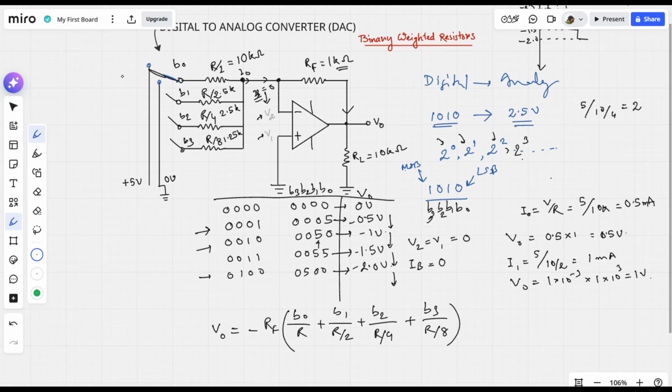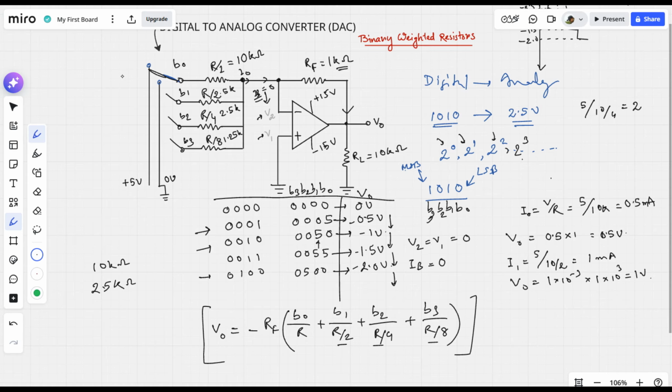So now, as we have seen, we can use this for conversion of digital to analog. But the main drawback that we obtain here is this decreasing value of R. Since we have to use fixed resistors here, it is difficult to find fixed resistance values if we are using binary weighted resistors. For example, 10K is not an issue because 10K is already available in the market. But 2.5K is difficult.